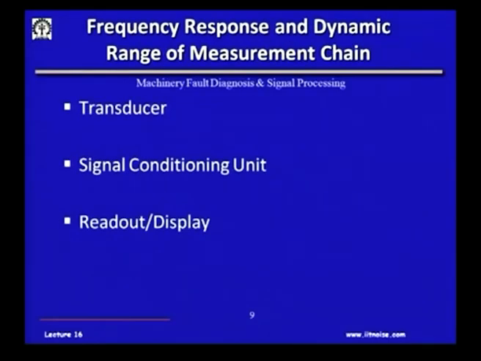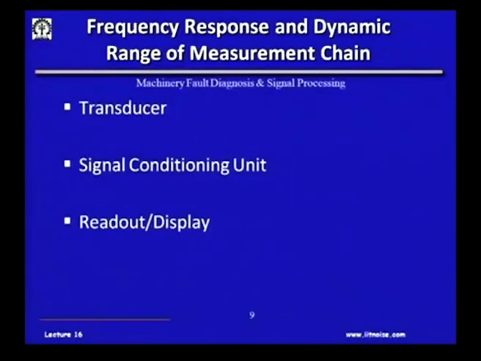So, when we have the frequency response of the transducer and an entire measurement chain, when you are talking about a transducer having a good frequency response of 10 kilohertz, and I put a signal conditioning unit with a response up to 5 kilohertz and a digital display of only 2 kilohertz, I cannot say that I have a 10 kilohertz bandwidth of measurement.